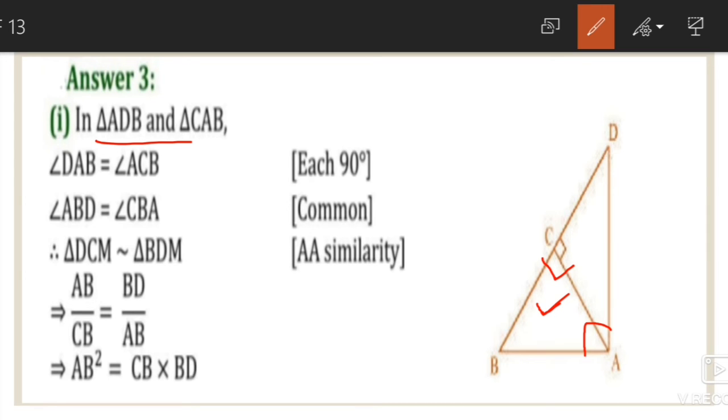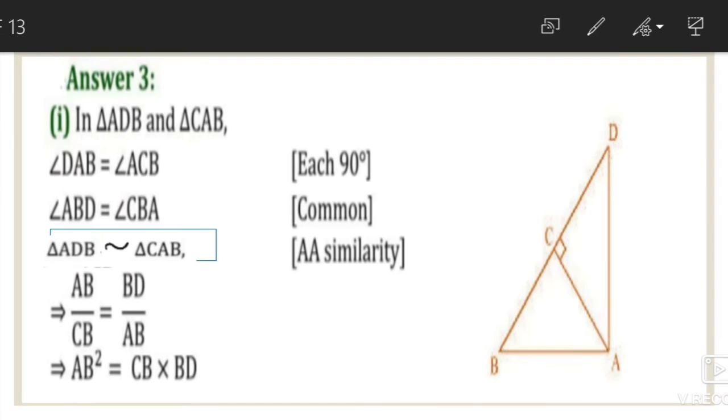Again, for both the triangles, angle B is common, right? So you can write angle ABD is equal to angle CBA. So these two corresponding angles of the triangles are equal to each other. So I can say that by AA similarity, triangle ADB is similar to triangle CAB.